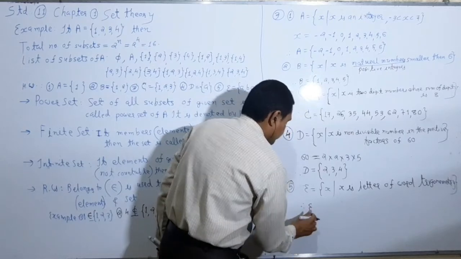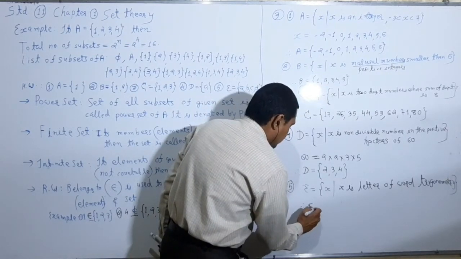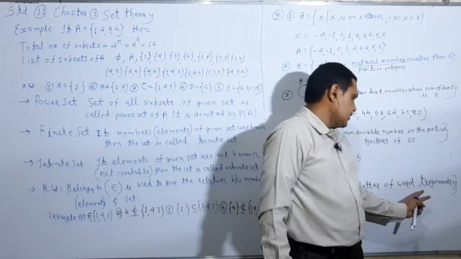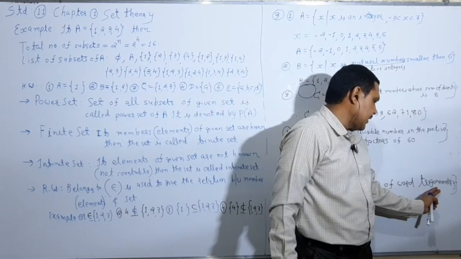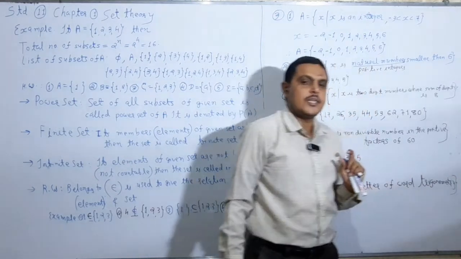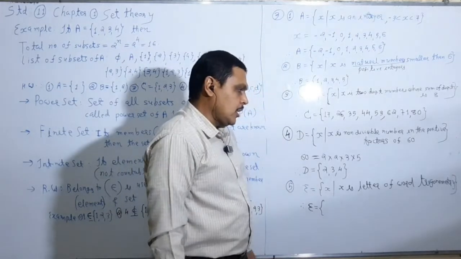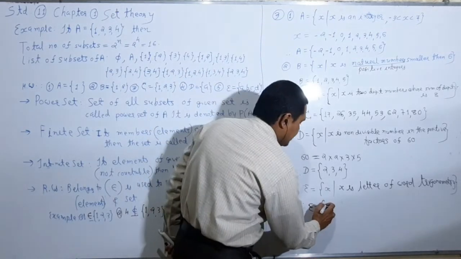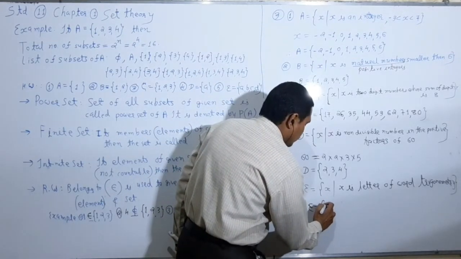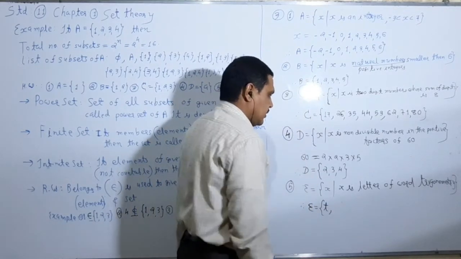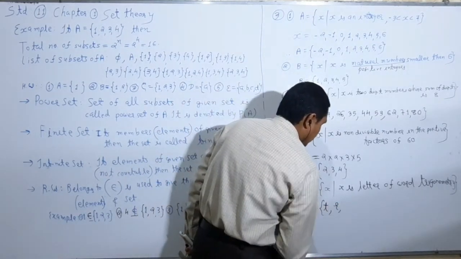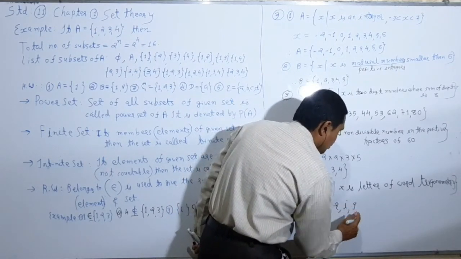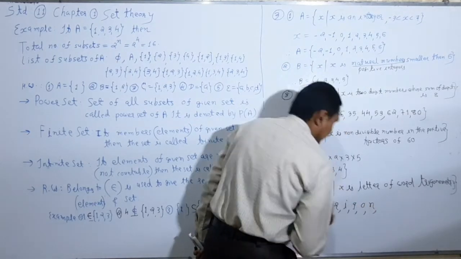Now this word trigonometry has 3 plus 3 is 6, plus 3 is 9, plus 3 is 12 letters. We have to write the list of these letters. So T is a letter of this word trigonometry, then R, I, G, O, N.